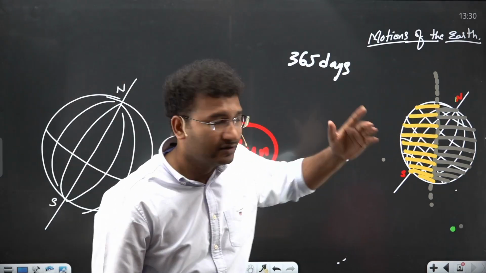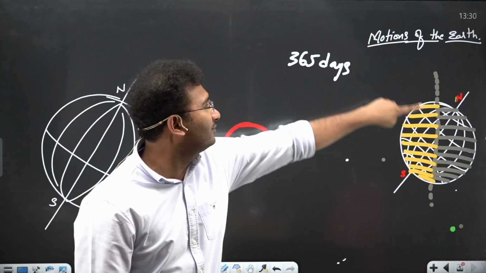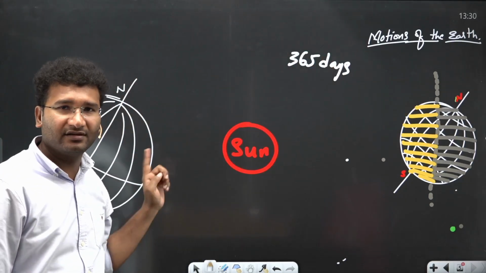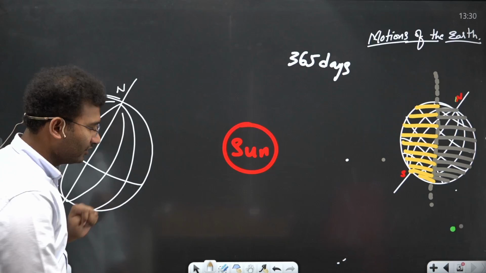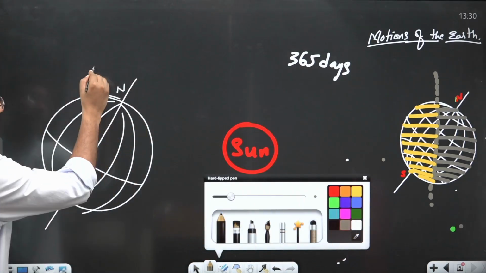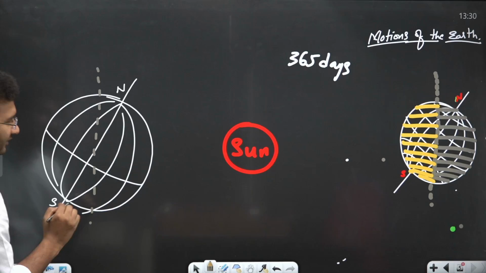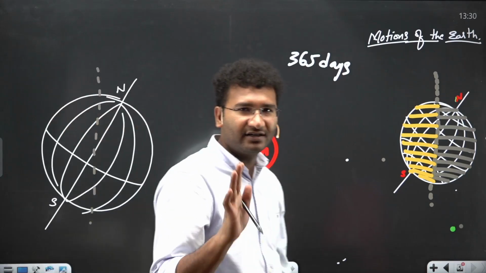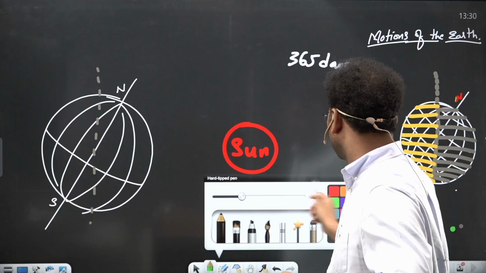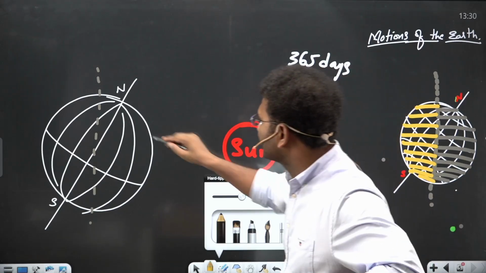Now in this case, do you have sunlight over the North Pole? No, right? But exactly after 6 months, when the earth shifted its position to the next other point of the orbit, you will come across that this area, look here, only 50% of the area of the earth will have sunlight, that is the area of illumination, and this 50% of the area of the earth, this is the area of the sunlight.